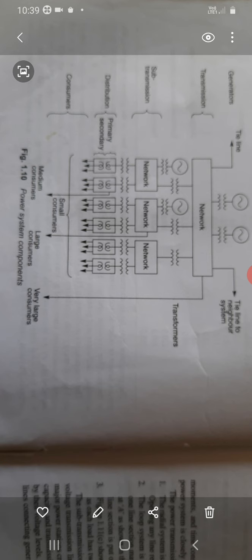In this, many auxiliary equipments are also there, like capacitor bank, CT, PT, and many more. Also there are many parameters which they record: the power, voltage, frequency, and amperes. Now if you see the diagram, generators are there.